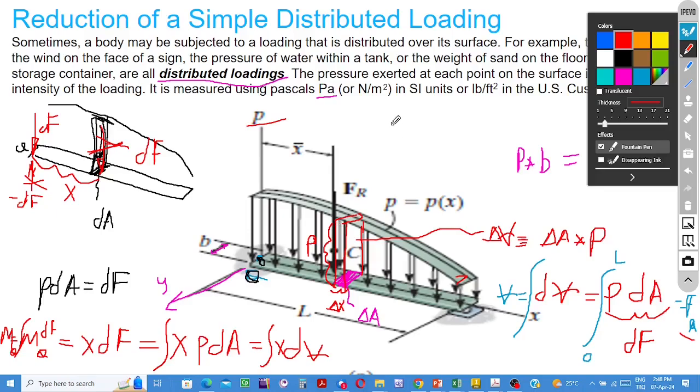So at the intermediate stage, for the given distributed load system, that is going to be equivalent. That is the beam.